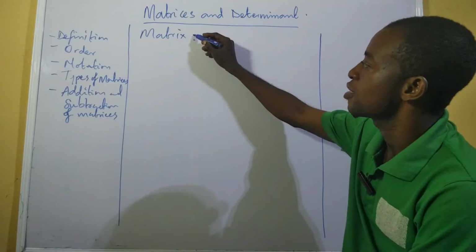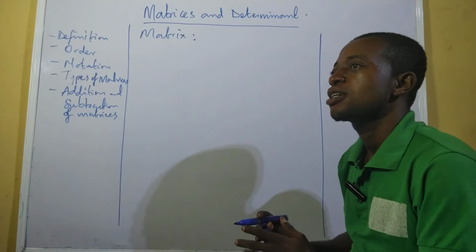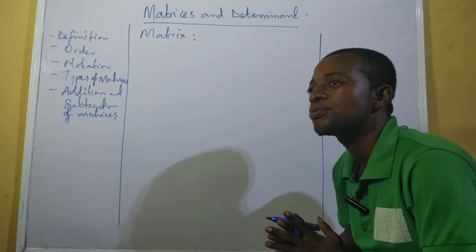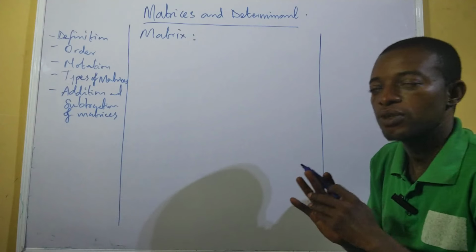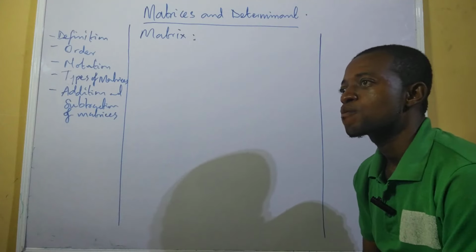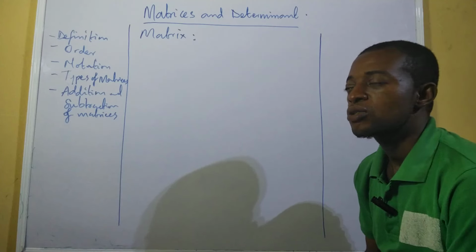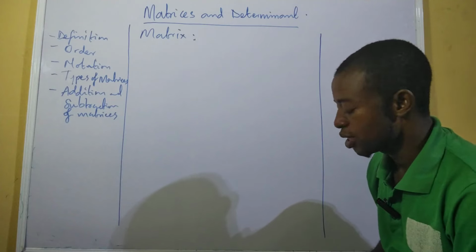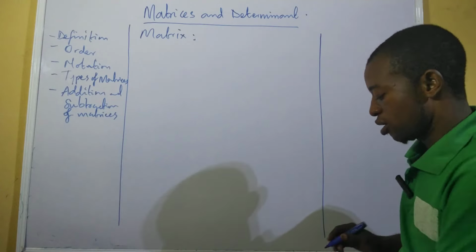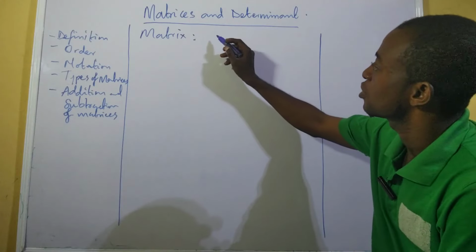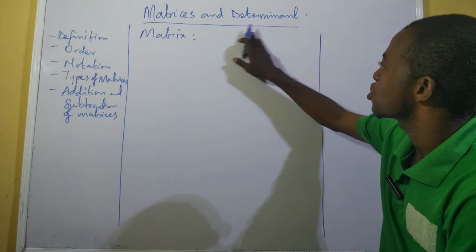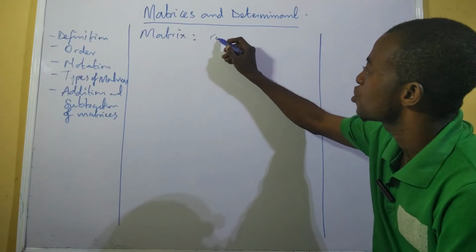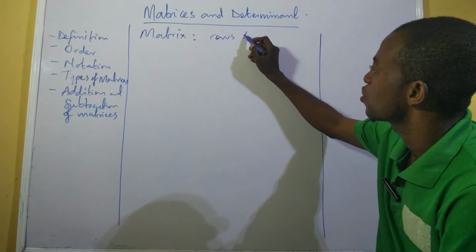Now, a matrix is a rectangular arrangement of numbers. It's usually in rows and columns and enclosed within a large bracket. So we have arrangements of quantities, usually numbers, in rows and columns.